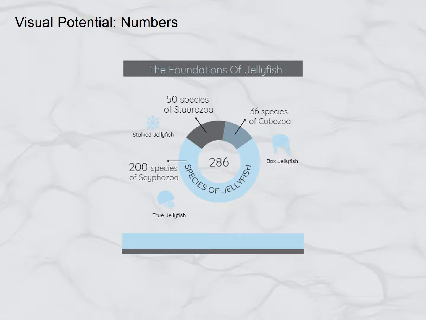I also included these small, simplistic icon images of each species. As you can see, the cube zone has a box jellyfish, which looks a little bit cubular, I guess. Also, you can see the tentacles are much different than a true jellyfish icon, which actually emulates it very well. The stock jellyfish is also shown.